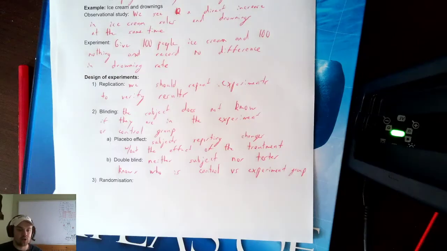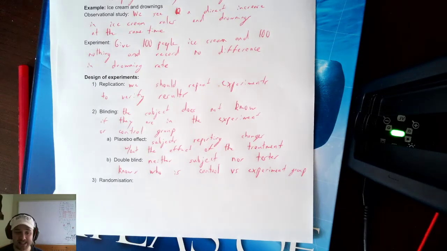Neither person knows who's being tested on. This is to prevent bias. If I'm the tester and I don't know whether my subject has the real medicine or the fake medicine, there is no way for me to influence the results, right? And that happens a lot in clinical trials as well, double blinding.